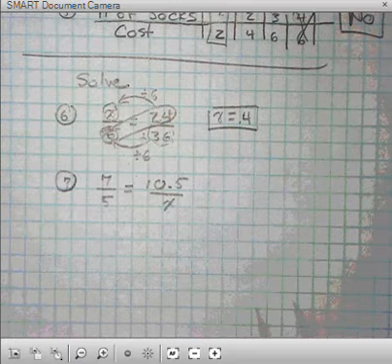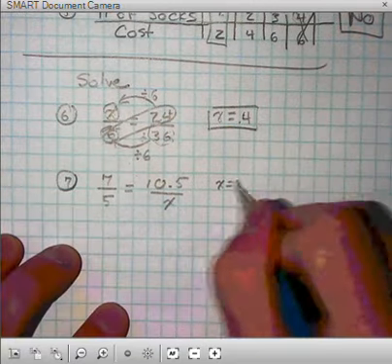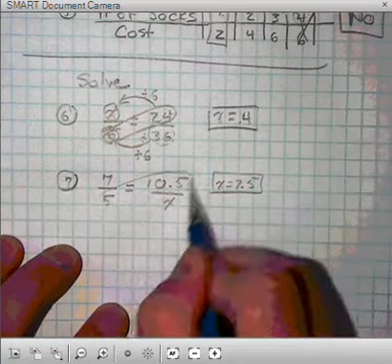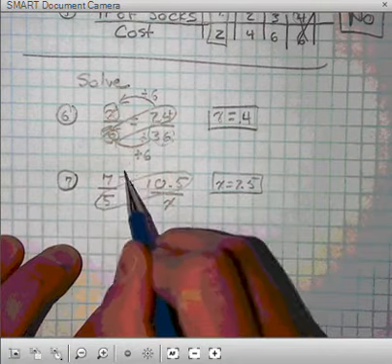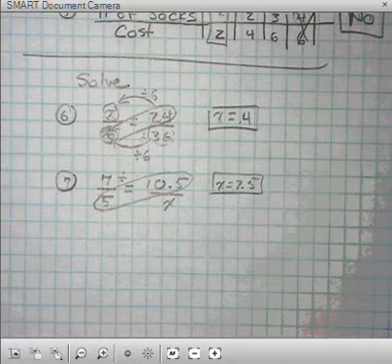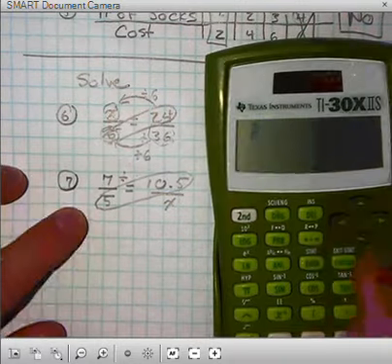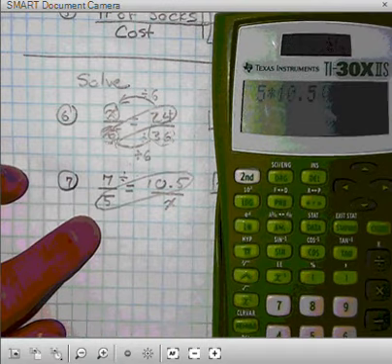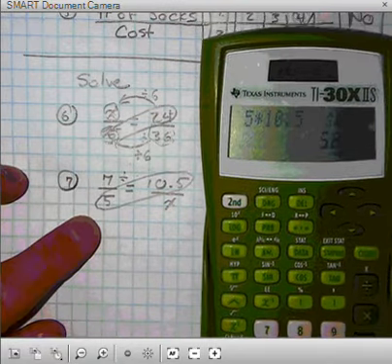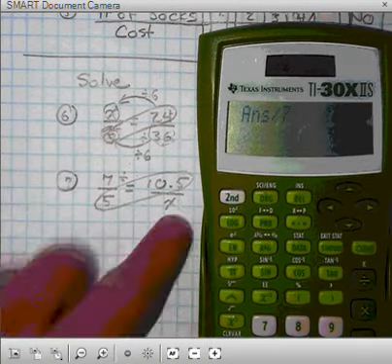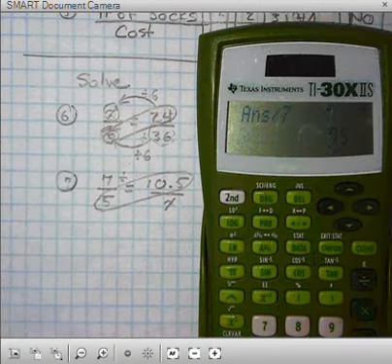Tommy, what'd you get? That's what I got too. Multiply diagonally, divide by 7, and it'll give you 7.5. Five times 10.5 gives you 52.5. Divide it by your leftover number, which is your 7, and it gives you your solution, 7.5.